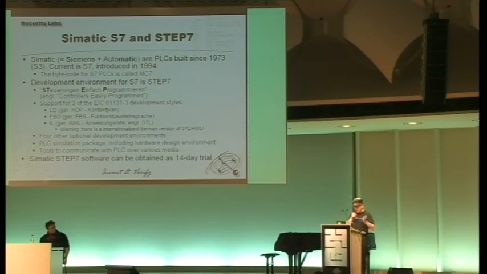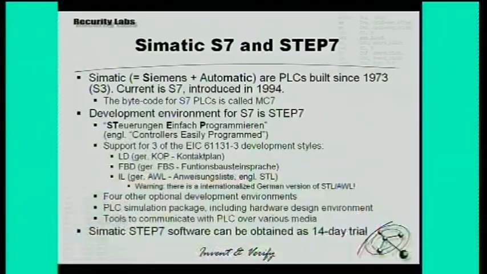They have 4 other optional programming environments. A full PLC simulation package, including a hardware design package where you can drag and drop your PLC stuff so you can simulate it, and a couple of tools to talk to the PLCs and debug them and stuff like that. The software can be obtained with a 14-day free trial, so for the purpose of writing our disassembler, we don't actually need to pay for it.